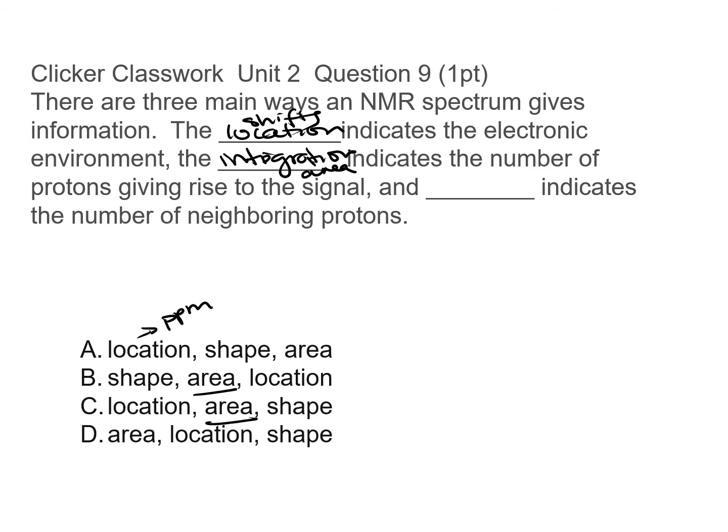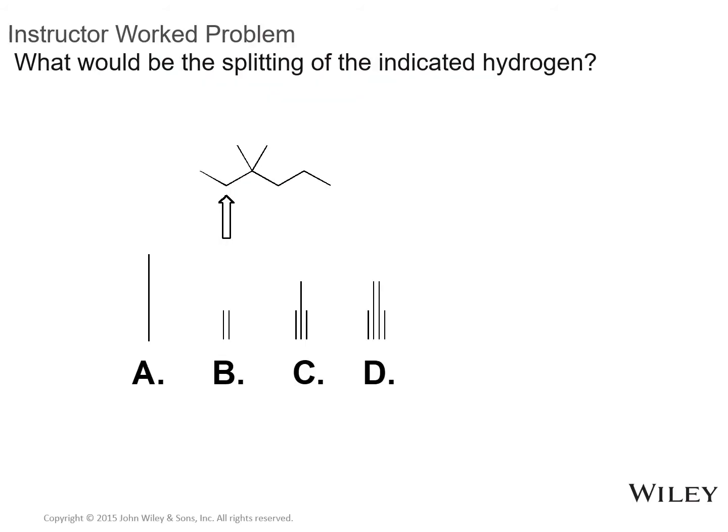And lastly, our neighboring protons tell us about the shape that the peak will have. So this is our multiplicity, which is essentially the shape. Okay, so doublet, triplet, etc. So if you're given a problem like this and you have to determine what is the multiplicity, how would you go about doing that?